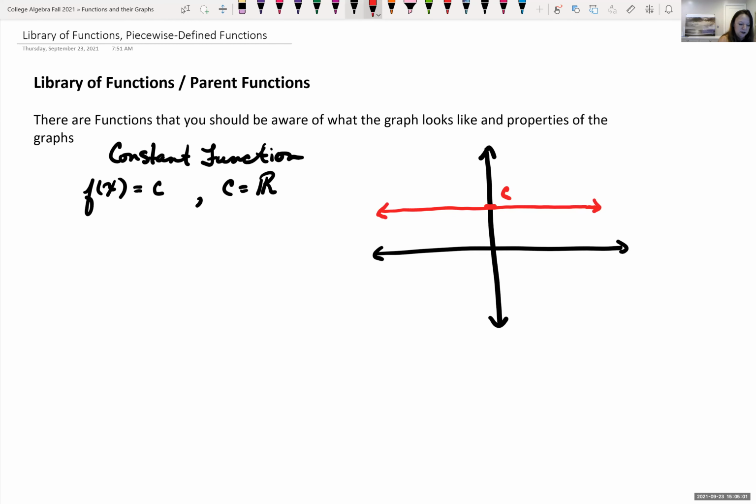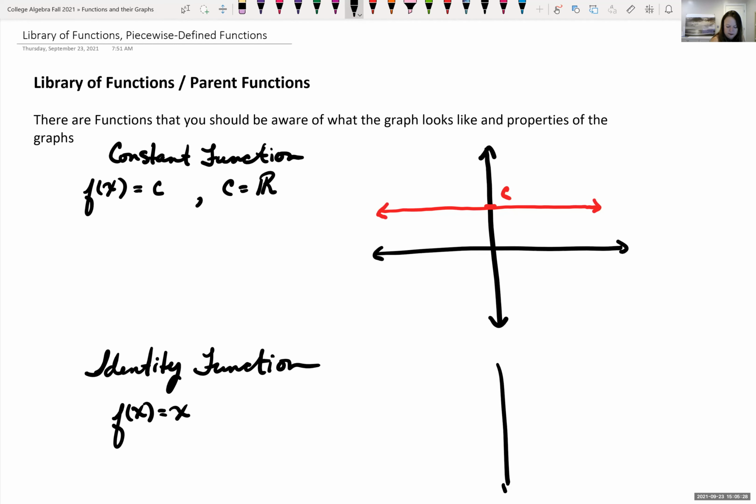The other function that you should be familiar with is called the identity function. I'm going to use function notation: f of x equals x. If we're graphing this, whatever we put in for x, we're going to get back the same thing for y.